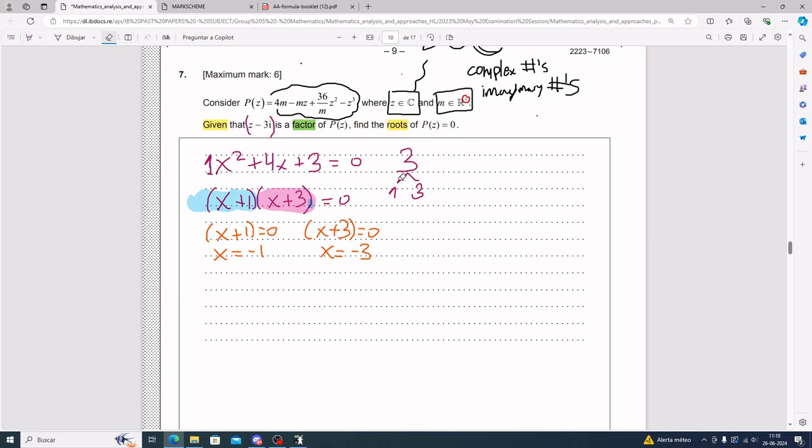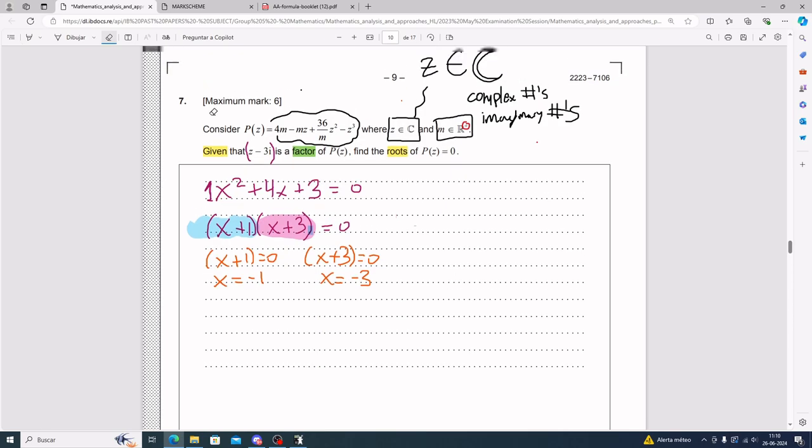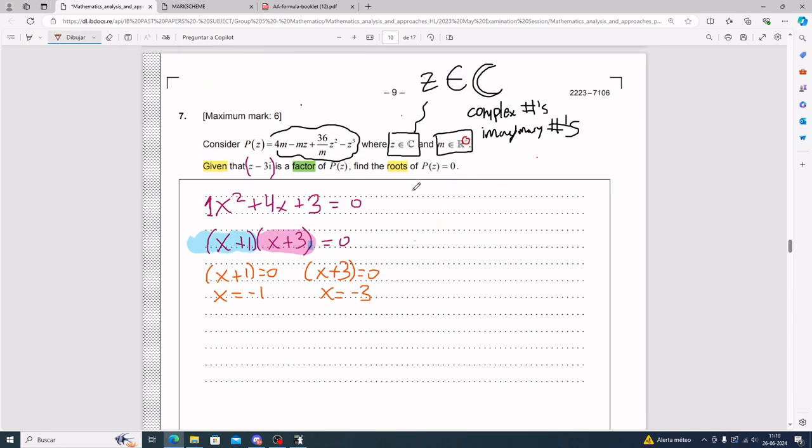If they tell you that one of the factors in this exercise is z minus 3i, then you can immediately assume this is part of the parentheses. I'm sure there's a couple other parentheses going around, but you know that one of them is z minus 3i, which is kind of like saying you know that one of them is x plus 1.